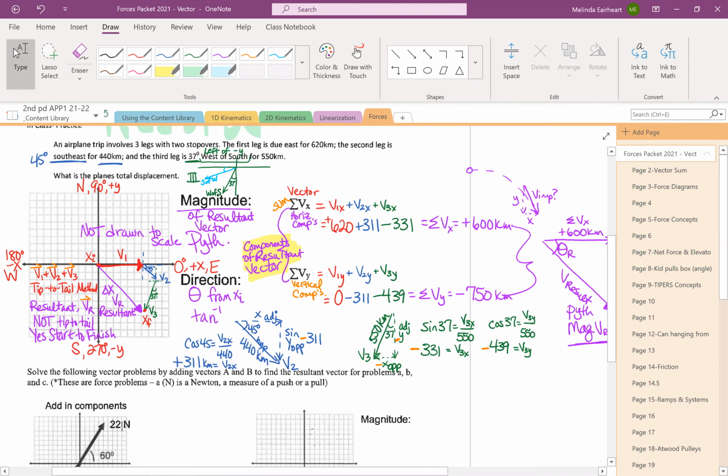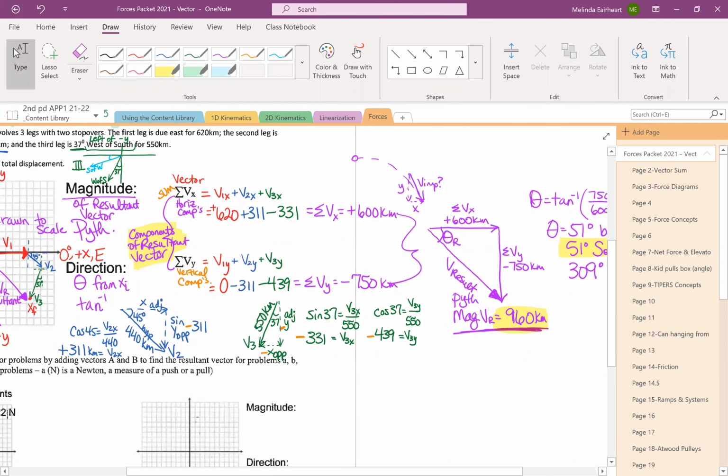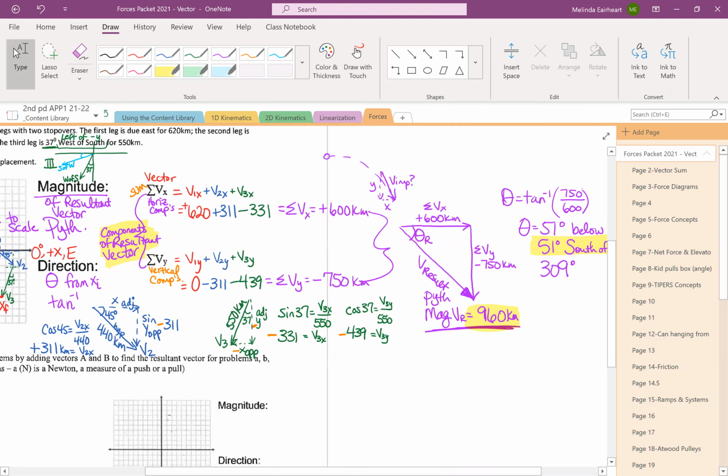Then we summed the horizontals and we summed the verticals separately to get the components of our final resultant answer. And once I knew those, then I could do Pythagorean to get the actual magnitude of the resultant. And then we did an inverse trig function, tan today, cosine sine tomorrow is fine, to get the angle and we were very detailed where that angle was. Okay, now ask me your questions.